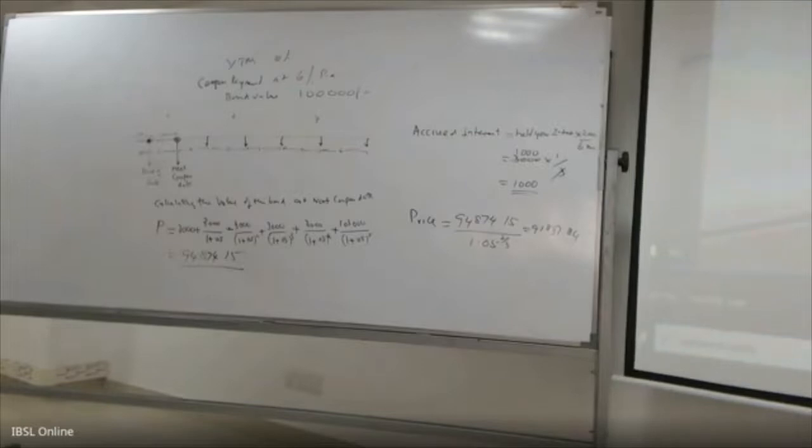So likewise, you can just calculate. Sometimes it may be given in months, or it can be given in days. If it is given in days, you have to calculate it on an annual basis. For example, say the accrued interest is for 41 days. Just giving you an example, 41 days.